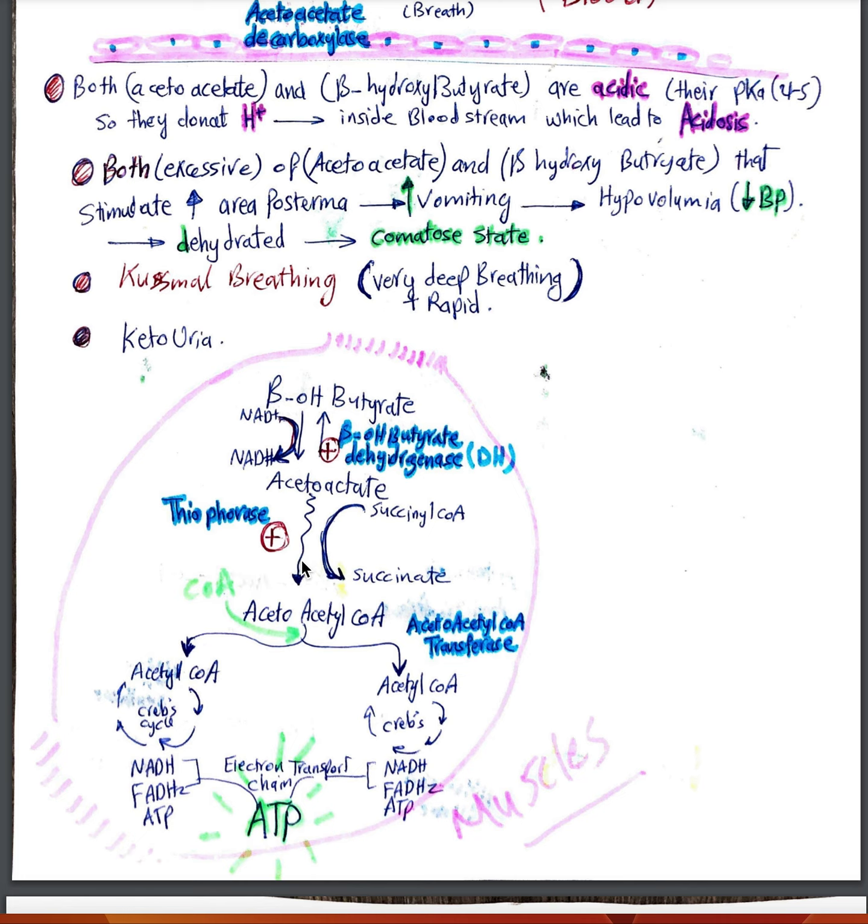Okay, let's continue with this reaction. So acetoacetate, by succinyl coenzyme A to succinate, leads to the formation of acetoacetyl coenzyme A. So we reverse this action by thiophorase, the acetoacetyl coenzyme A transferase, using coenzyme A, and that leads to the production of acetyl coenzyme A, which enters the Krebs cycle and leads to the formation of ATP.